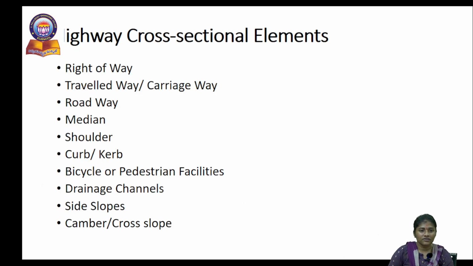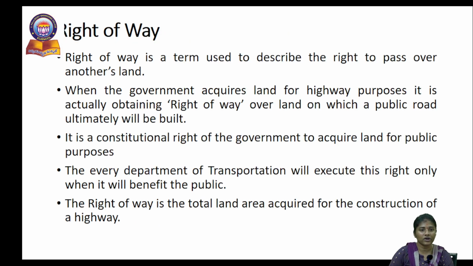These are some of the critical cross-sectional elements of a highway: right of way, travelled way or carriageway, roadway, median, shoulder, curb, bicycle or pedestrian facilities, drainage channels, side slopes and cross slope. Let us see one by one.